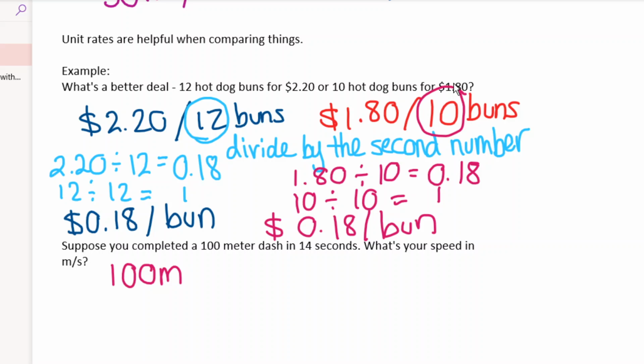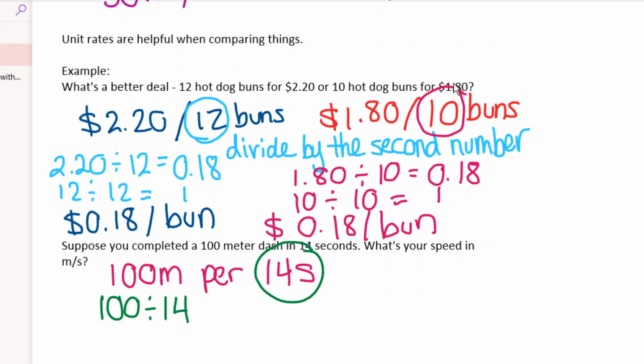You completed a 100-meter dash in 14 seconds. So you have 100 meters per 14 seconds. And we are going to make that second number 1. So what do we do? We divide by the second number. We do 100 divided by 14. And that is going to equal 7.14.